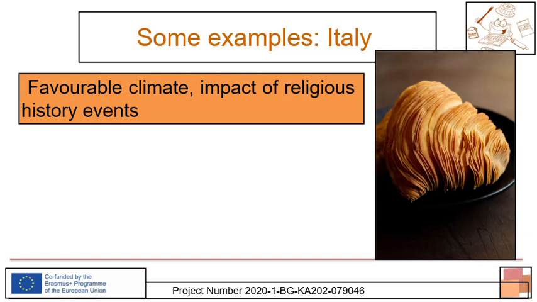Italy provides an even better example of how political fragmentation can affect cuisine. Blessed by a favorable climate, the region produces a full range of grains, fruits, and vegetables, which is ideal for culinary diversity. Until Italy was unified as a country in 1870, the area was a patchwork of duchies, principalities, city-states, republics, and territories controlled by foreign monarchs.